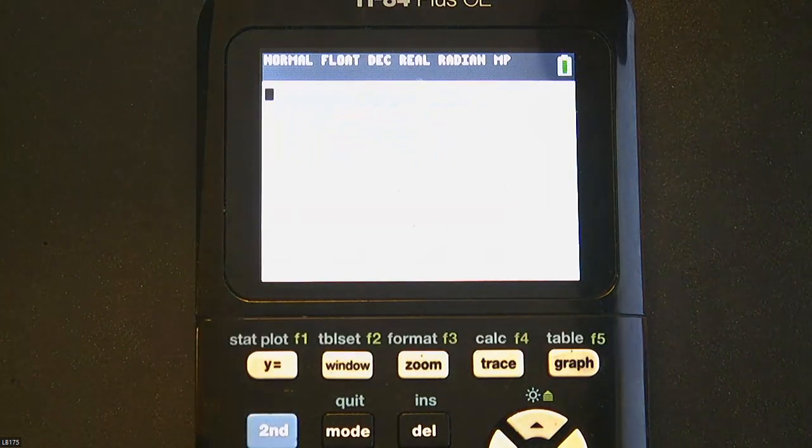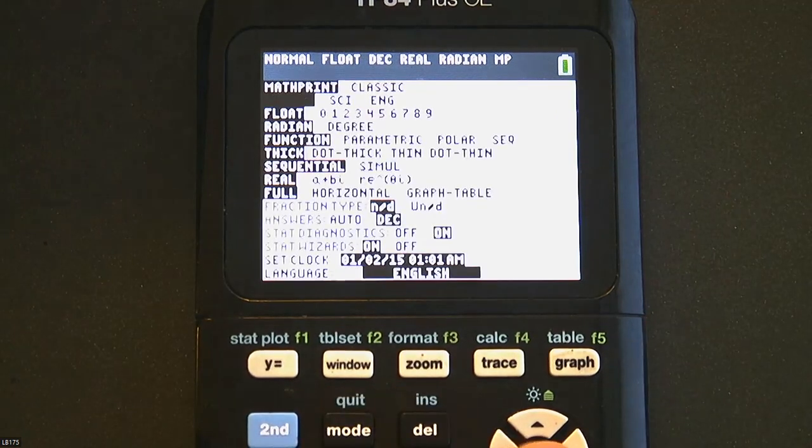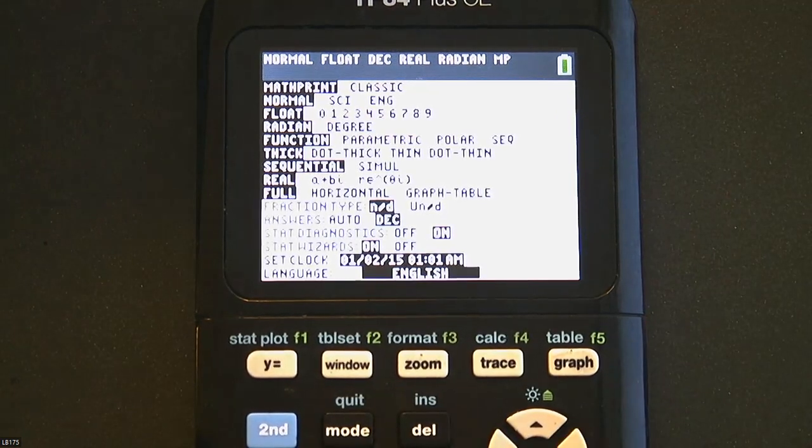So make sure when you're dealing with degrees, your mode is in degree mode.